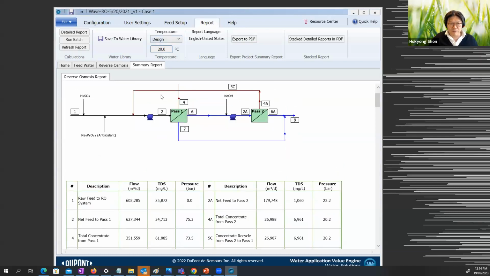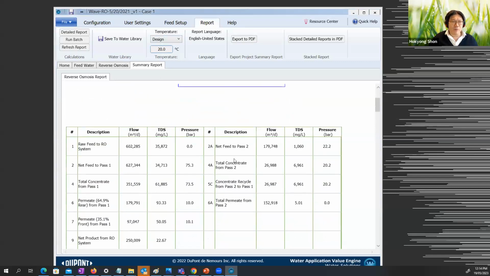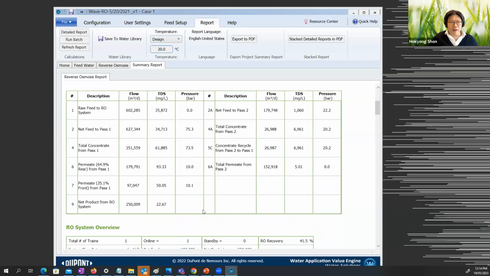So let's look at the final, like number 1, number 2, and number 9. Number 1, you have a pressure of 0, your flow rate, your TDS. Number 2 is your flow rate, TDS, and your pressure is just 75 bar. Then number 9 is your permeate.